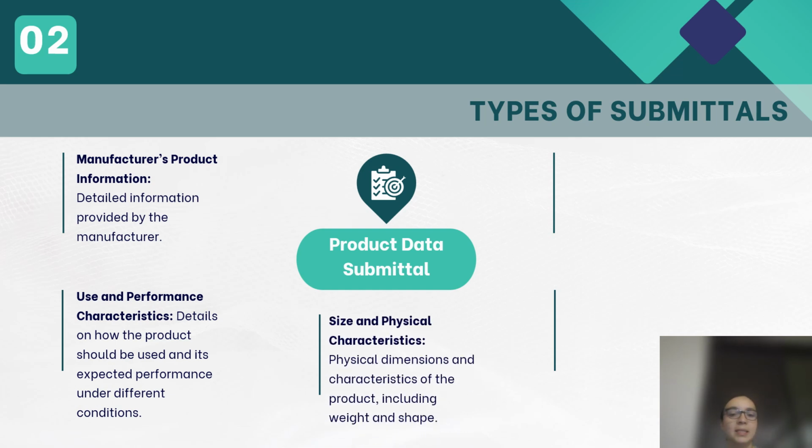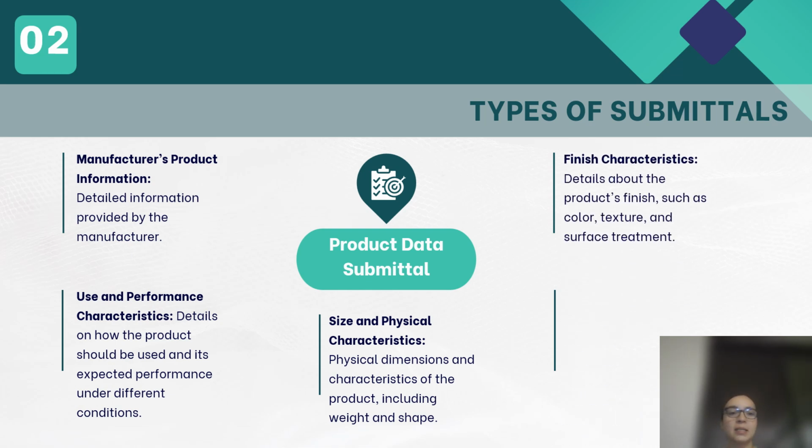The next one is size and physical characteristics. This covers dimensions and weight to ensure the product fits within the designed space and maintains structural integrity.